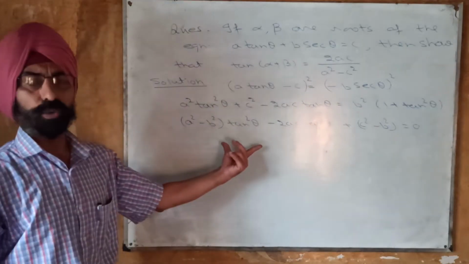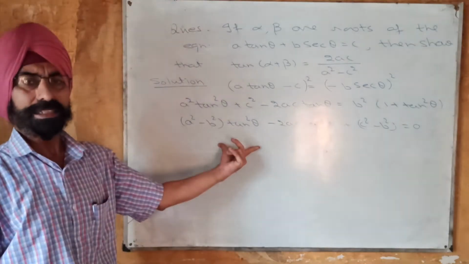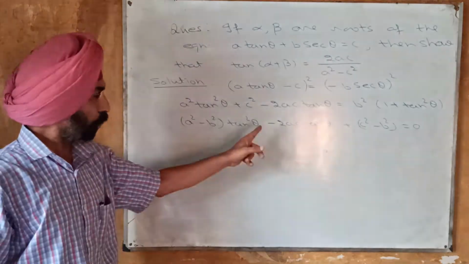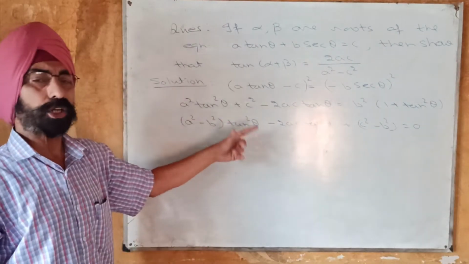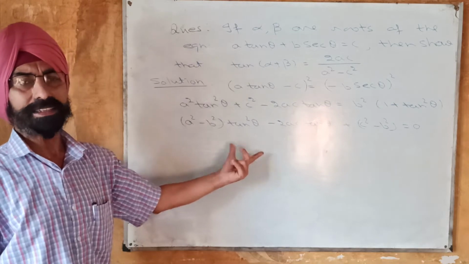Clearly, this is now a quadratic equation in tan theta. So the roots will be tan alpha and tan beta, because the roots for theta are alpha and beta, and the quadratic equation is in tan theta. So the roots will be tan alpha and tan beta.